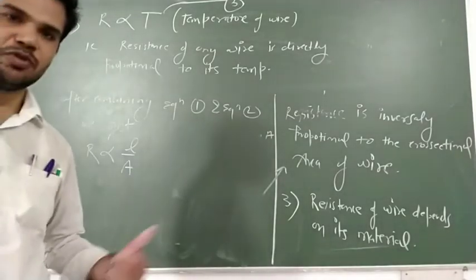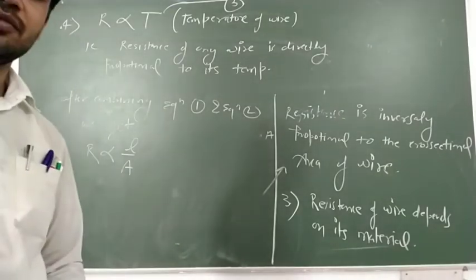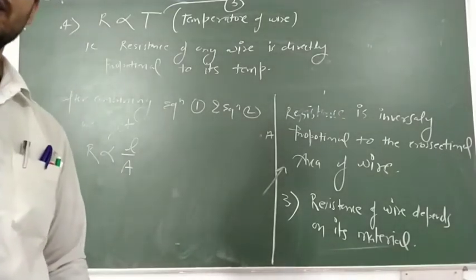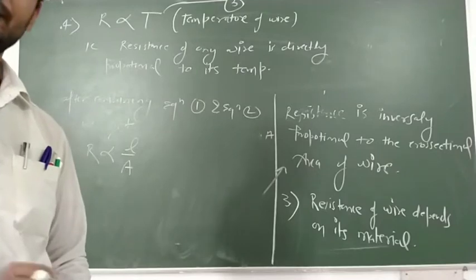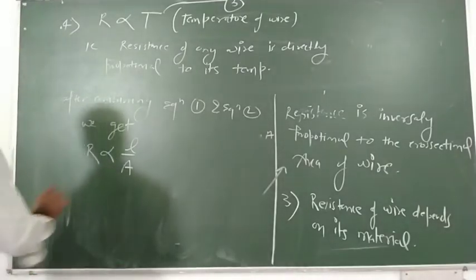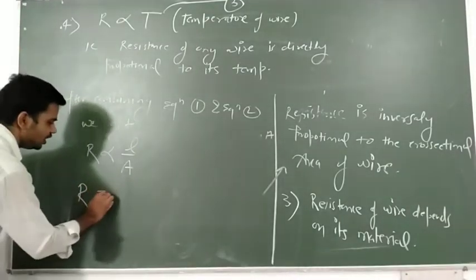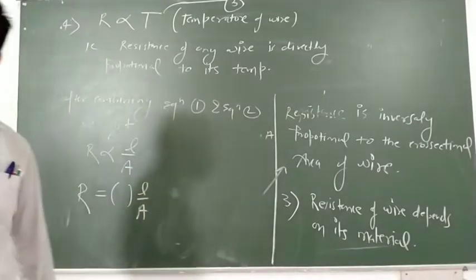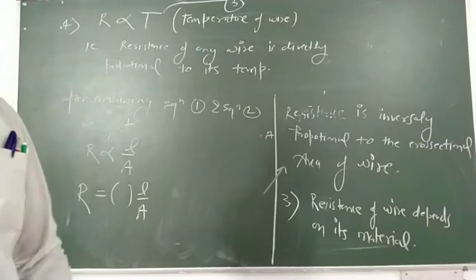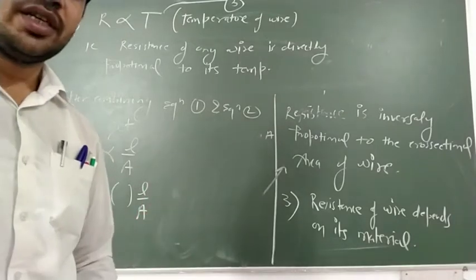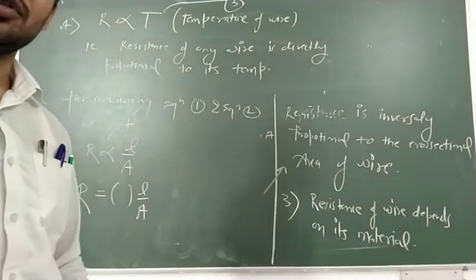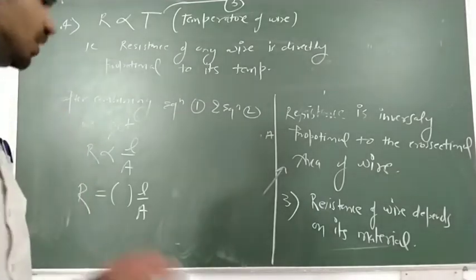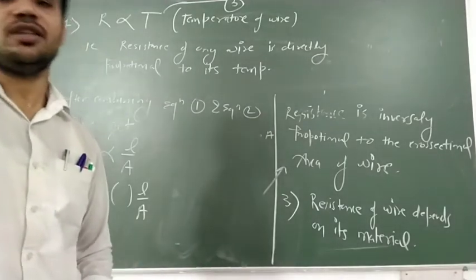There is a mathematical rule again further. After removing this proportional sign, we have to insert an equal sign and a constant. This is a mathematical rule, the rule of proportionality. So equal to and a constant, and all the other physical quantities remain unaffected.